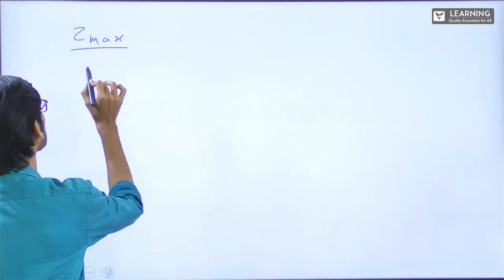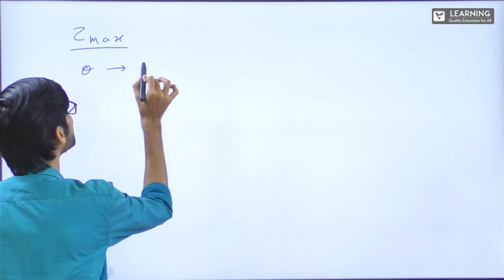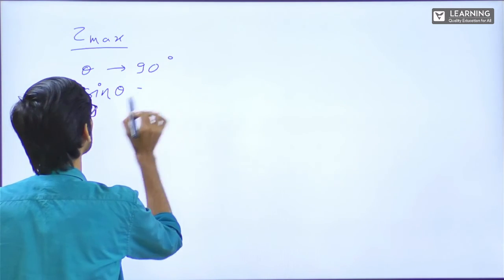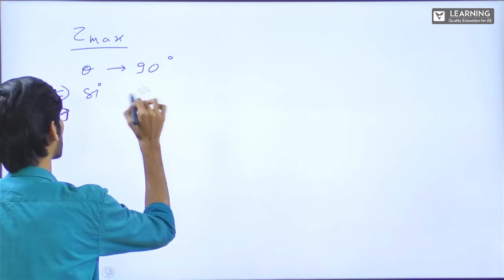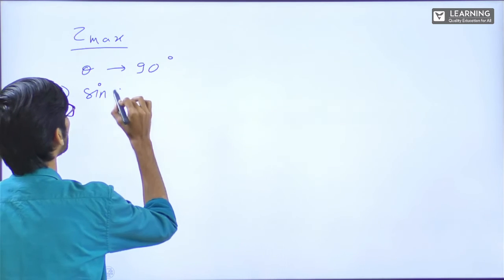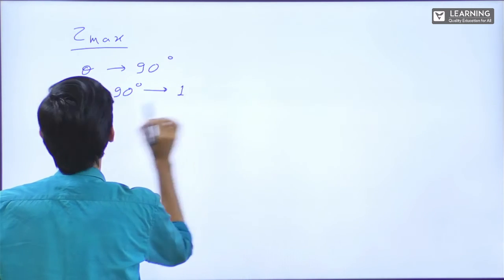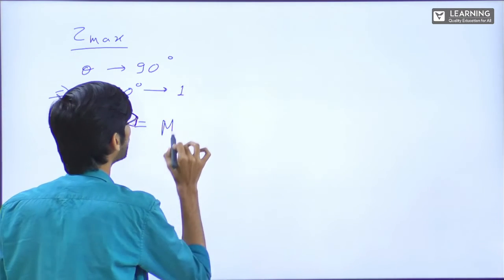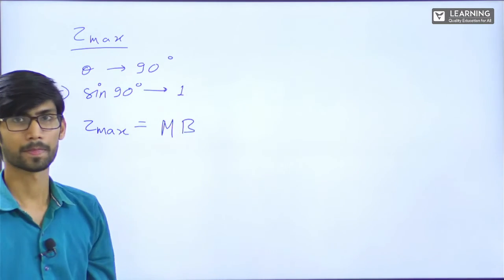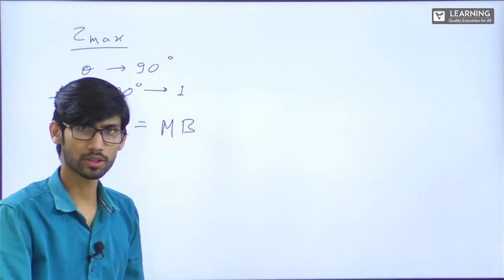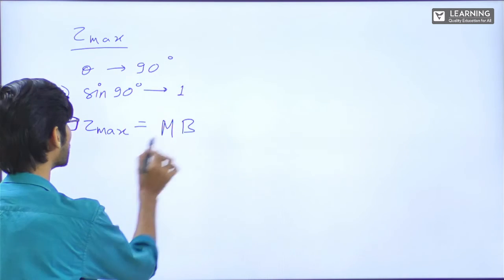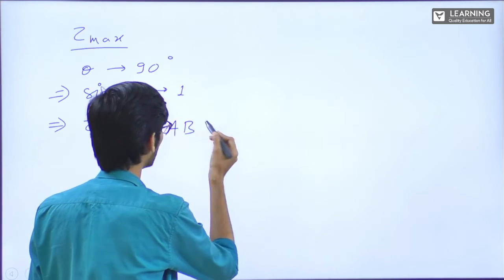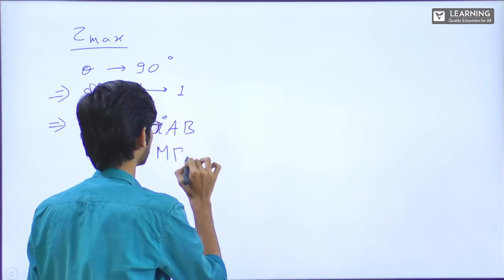So if theta is 90 degrees, that means sin theta will be equal to sin 90, which is equal to 1. That means tau max is equal to mB or IAB. Clear? I'll write IAB, that is equal to mB.